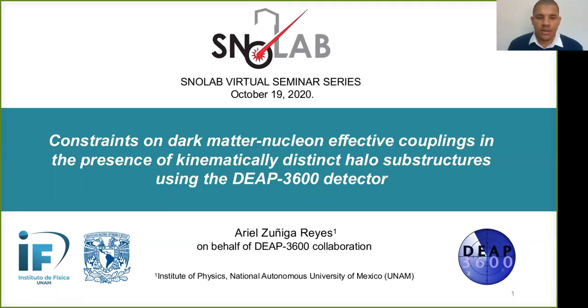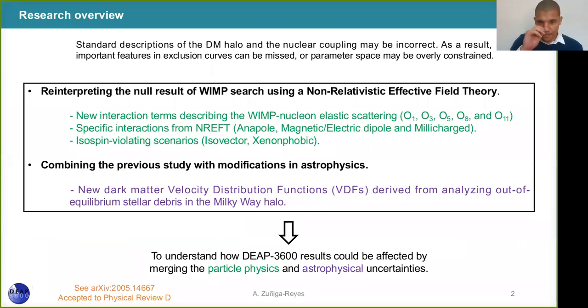Okay, thanks. Hello, everyone. Thanks for the introduction and for the opportunity to present these results here on behalf of the DEAP collaboration. Usually, direct detection experiments require different inputs in order to estimate the event rate they will see. But these inputs are related to the way we describe, for instance, the dark matter halo or the physics of the interaction process.